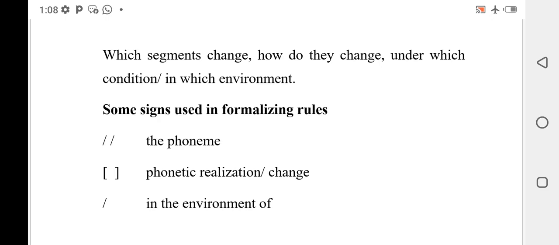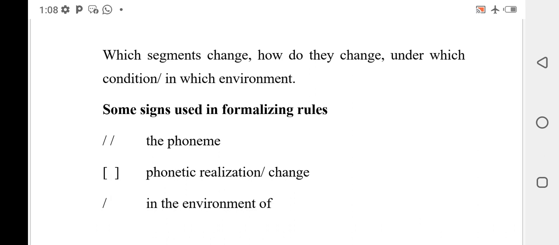Okay, but then when we have just one slash bracket, I am just trying to say in the environment of, okay, I am just trying to say that this happens in the environment of something. That is for one slash bracket.